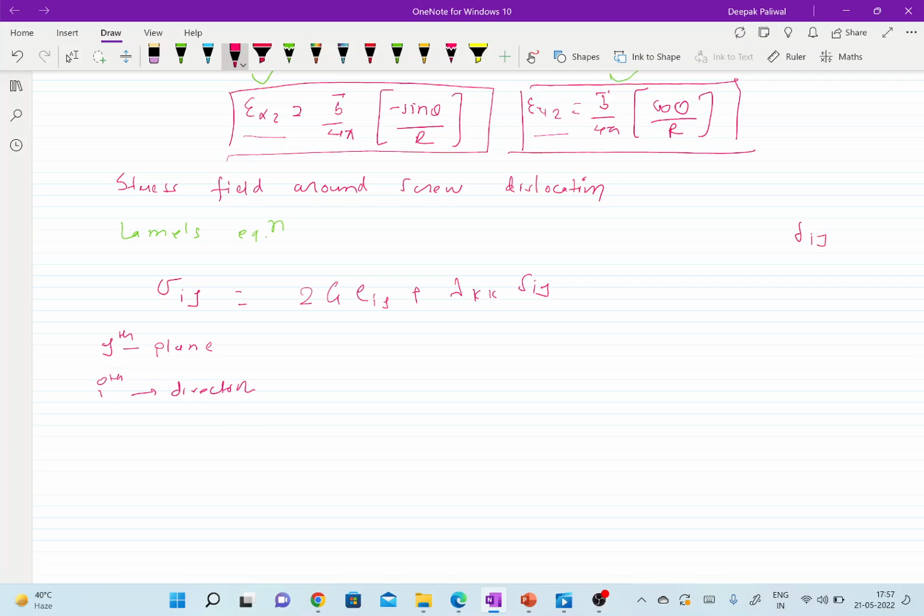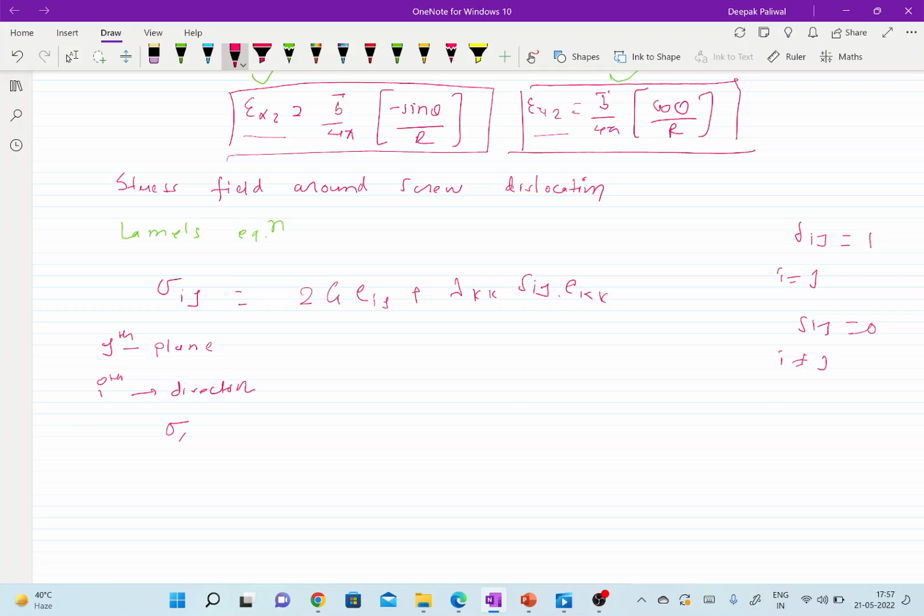Delta ij is a function which becomes 1 when i equals j, and becomes 0 when i is not equal to j. Epsilon kk, or ekk, whatever notation you are following.